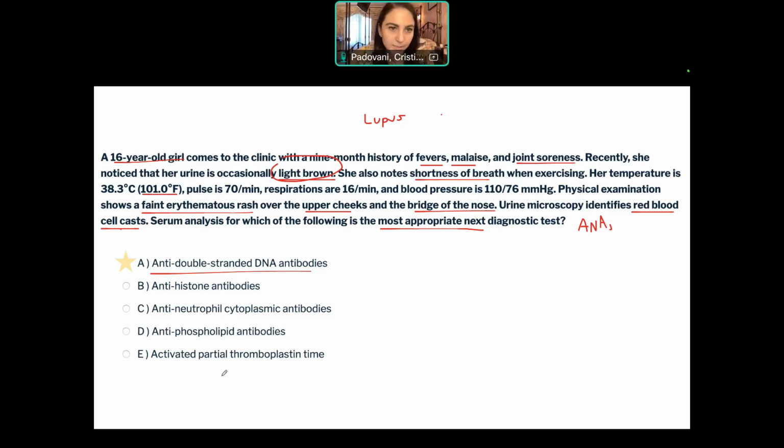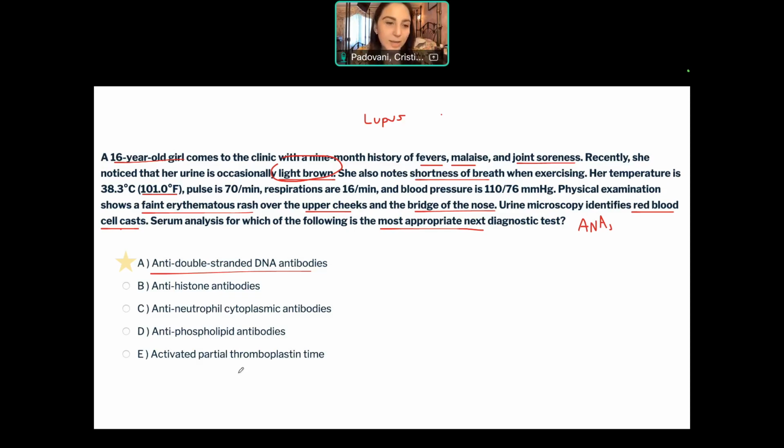This is from Boards and Beyond as well. I don't think he put ANA because he probably thought that would be too confusing. You do need a positive ANA to diagnose lupus, according to a rheumatologist that I worked with this last year on third year. But I think that's why this question was asking what you are doing to specifically rule in lupus.